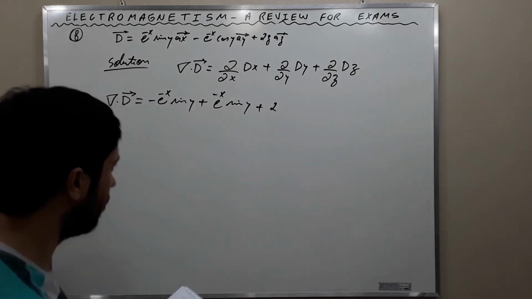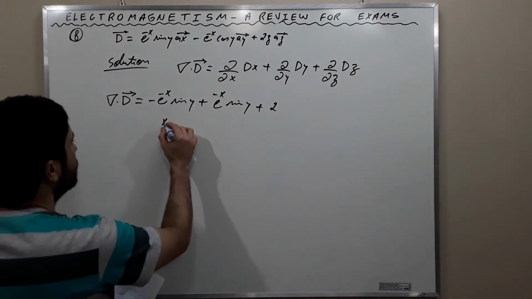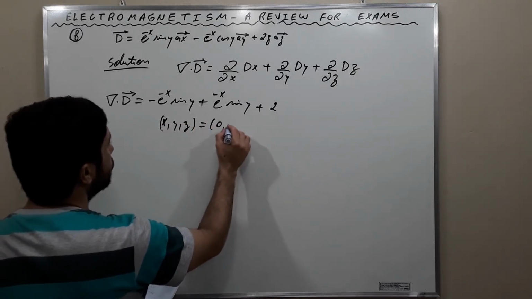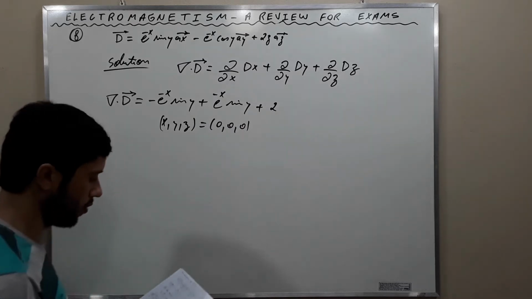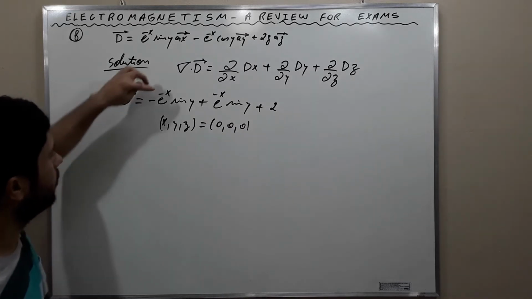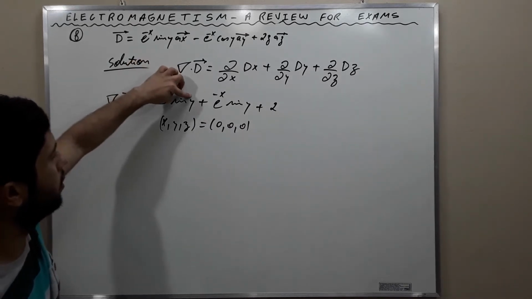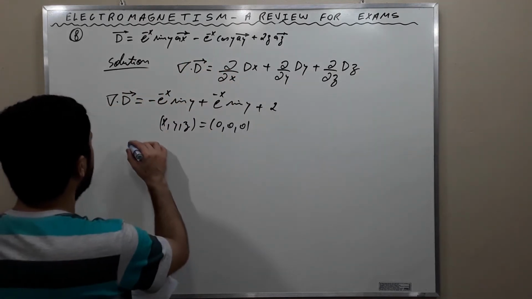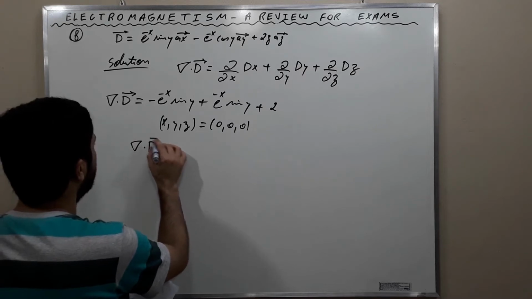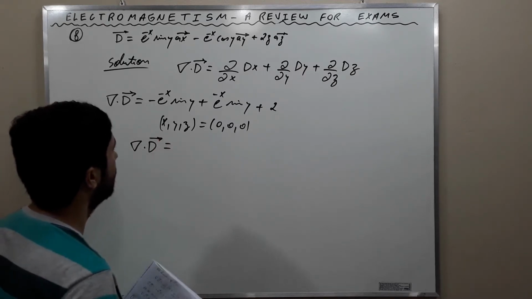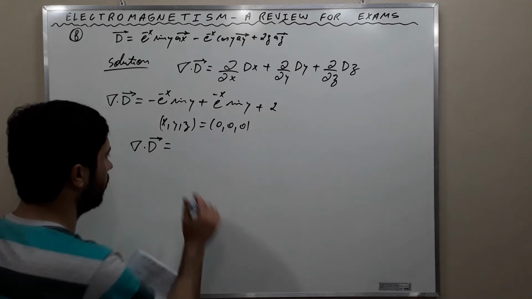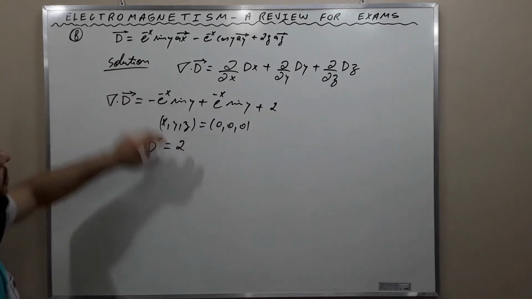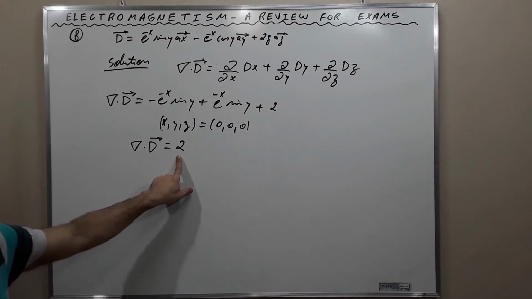And at the origin, x, y, and z are all equal to 0, and putting 0 here, here, here, and here, we find that the divergence of the flux density at the origin, according to this expression here, is 2.